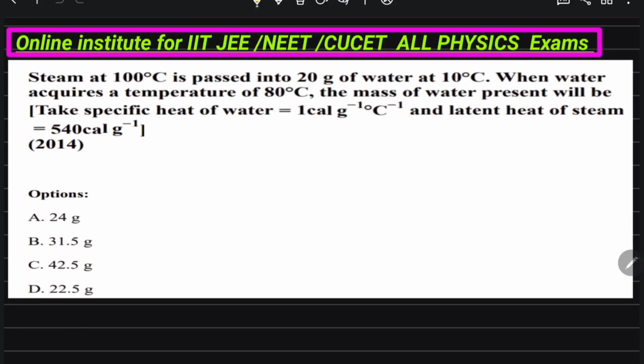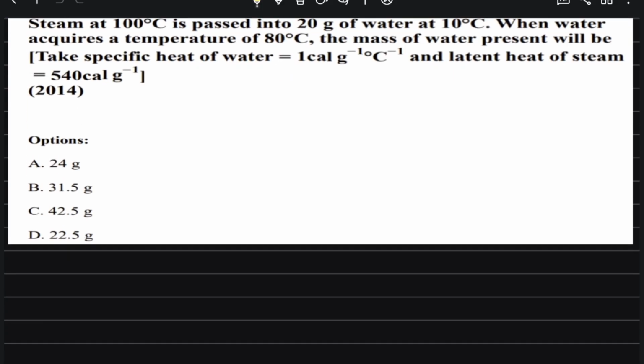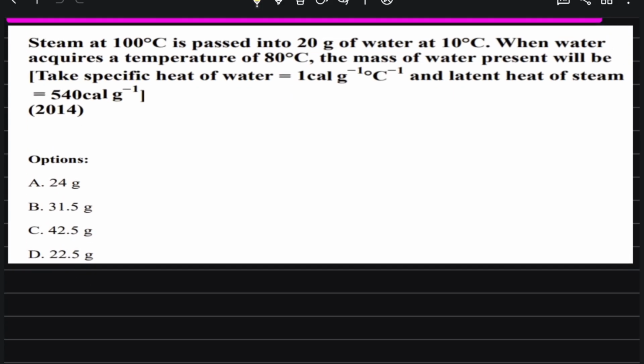This is our next question. Steam at 100 degrees Celsius is passed into 20 gram of water at 10 degrees Celsius. When water acquires a temperature of 80 degrees, the mass of the water present will be. Means, look, steam at 100 degrees Celsius is passed into 20 gram of water at 10 degrees Celsius. When the final temperature becomes 80 degrees Celsius, how much water is present in it?